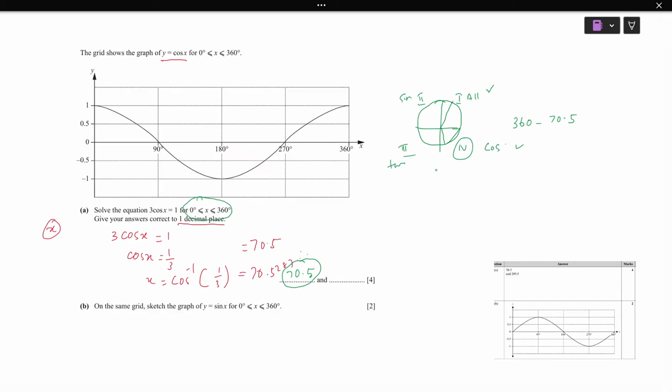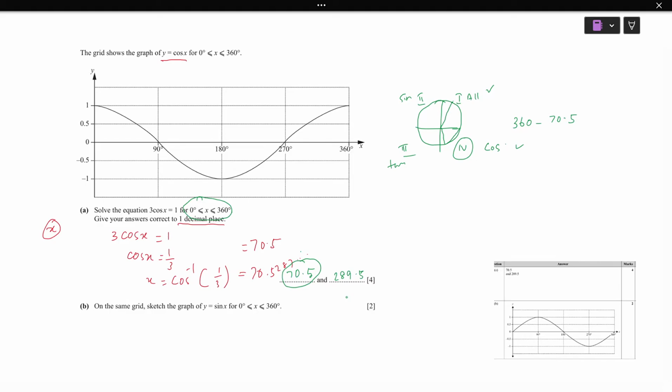So the second answer is 289.5, because in the cycle 0 to 360, cos is positive in two quadrants, the first quadrant and the fourth quadrant. So we'll get two values.